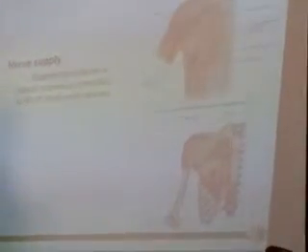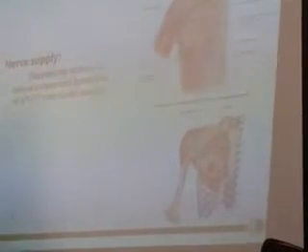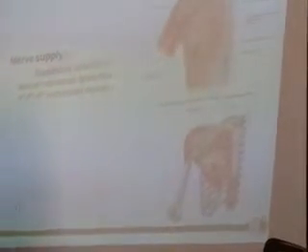Coming to the nerve supply, as I said, it is richly supplied by the nerves also. So it will be supplied by the anterior and lateral cutaneous nerves. Why cutaneous nerves? Nerves which are supplying the skin. Why are these cutaneous nerves supplying the mammary gland?